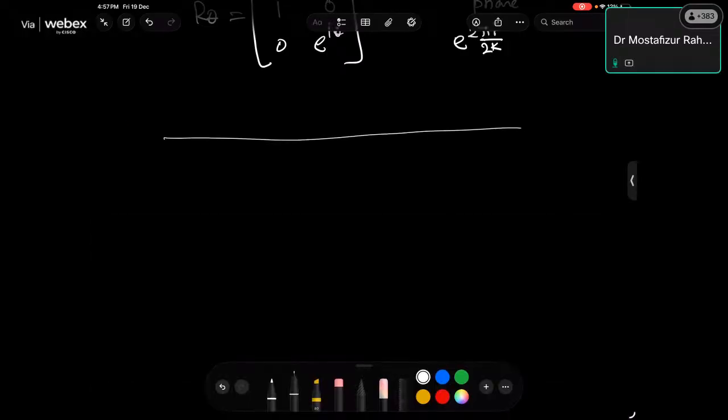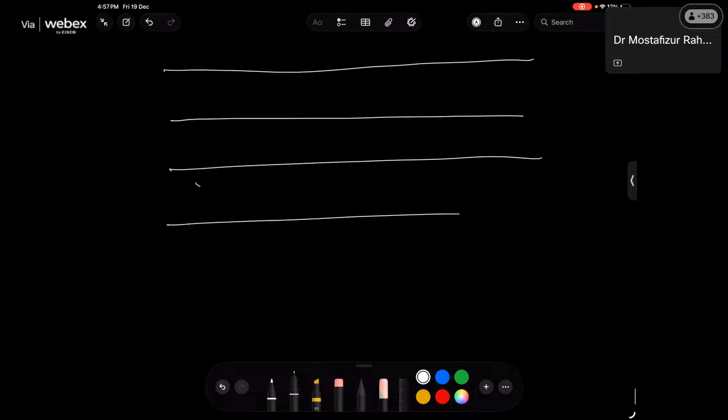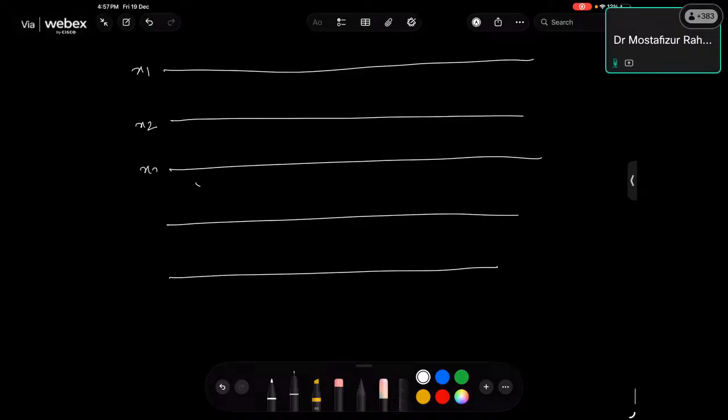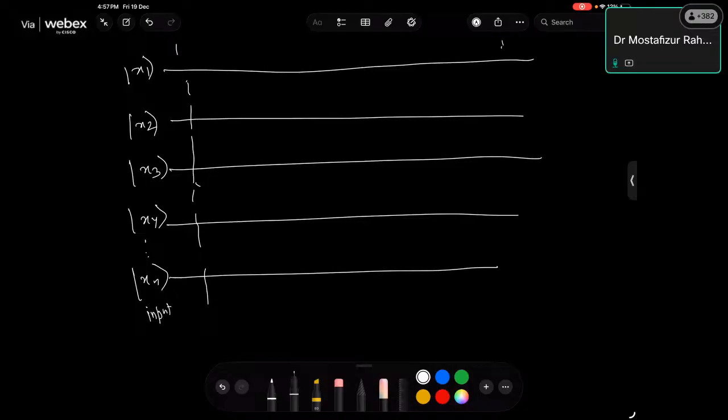If I have a quantum circuit like this, say this is my x1, this is my x2, x3, x4, and so on to xn, n number of qubits. And this is my input state. I need to apply a Fourier transform on it such that I get a Fourier transform evolved quantum state.